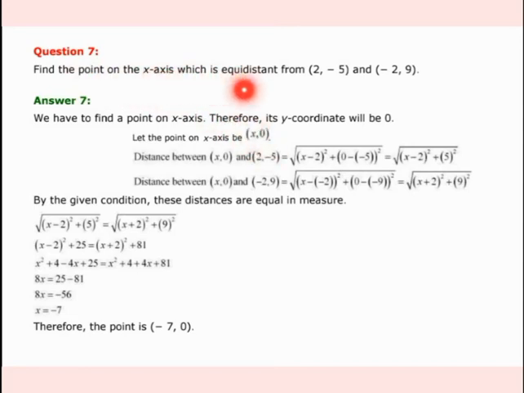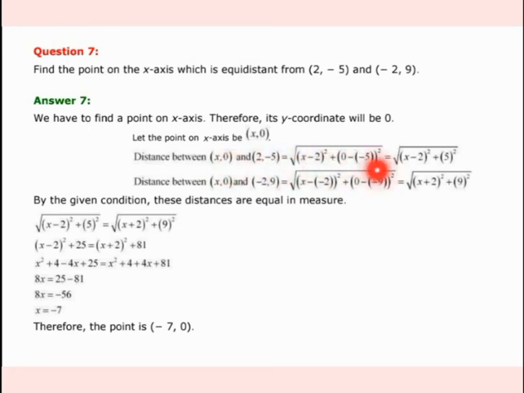Now it is given in the question (x, 0) is equidistant from (2, -5) and (-2, 9). So first of all, find the distance between (x, 0) and (2, -5). Under root (x1 minus x2) whole square means (x minus 2) whole square plus (y1 minus y2) whole square means (0 minus -5) whole square.